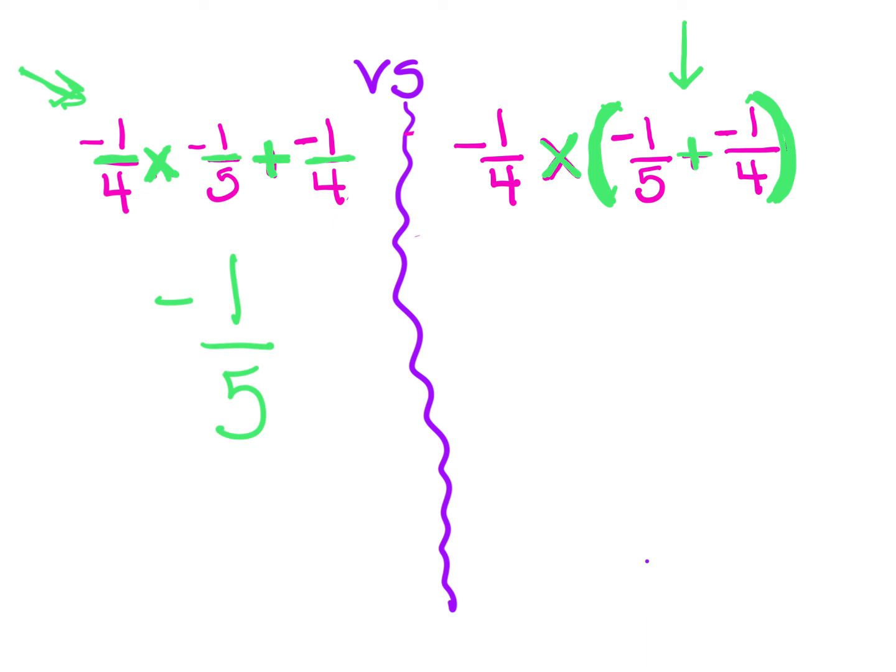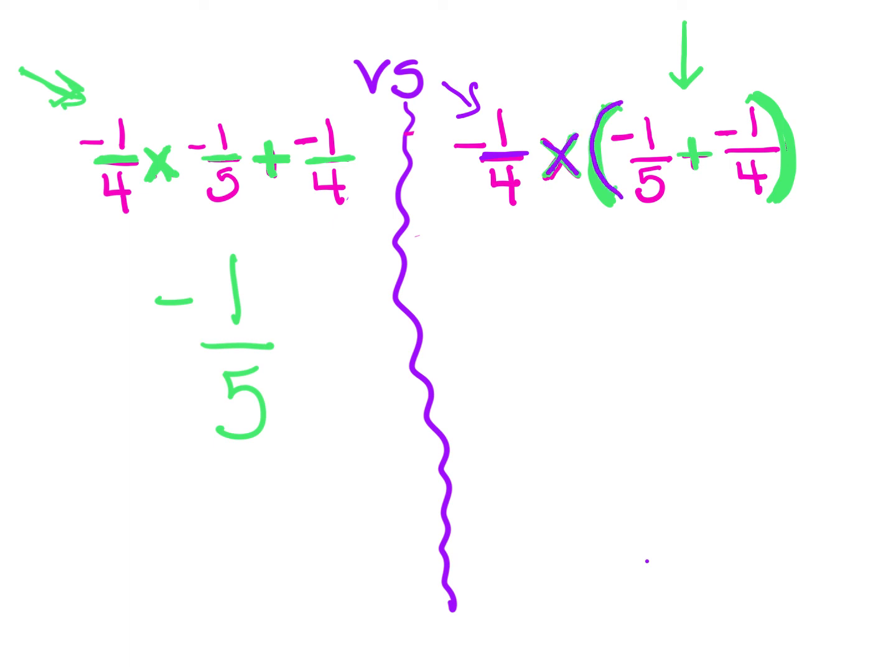You're going to be using your keys located above the 8 and the 9 on the keypad. Here we go. Let's begin. Starting here, negative 1 ABC 4 times.